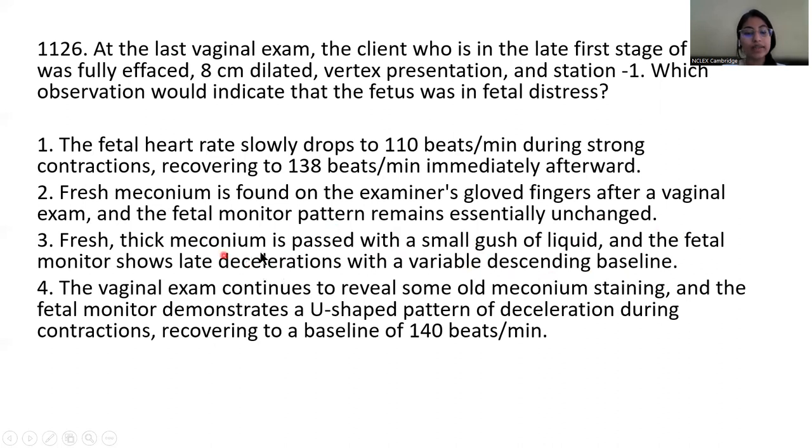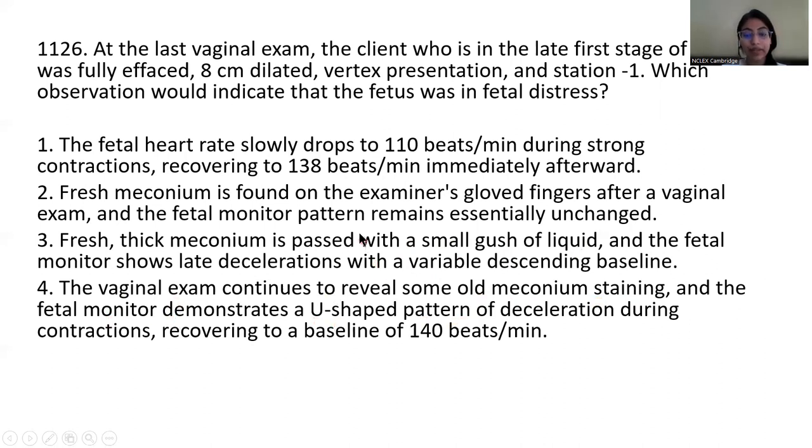In this option, we can see that there is passage of fresh thick meconium, and the fetal heart rate is decreasing and altered and is not recovering. So this option is our focus. This can be the correct option. Now, the fourth option: the vaginal exam continues to reveal some old meconium stain. In this condition, there is some old meconium staining, and the fetal monitor demonstrates a U-shaped pattern.